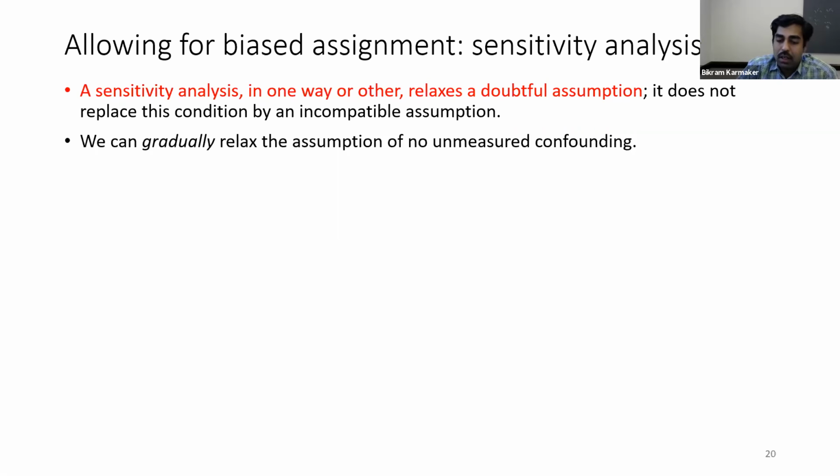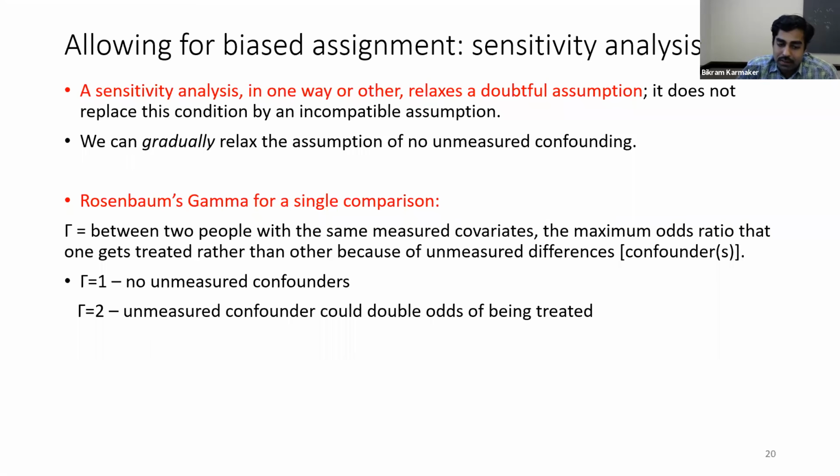And you can use a different type of scale from me. But what I used is Rosenbaum's gamma scale, where in a single comparison, you can have a gamma, which measures how much bias is possible due to unmeasured confounder in your comparison.